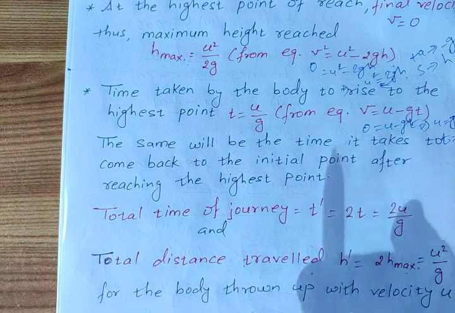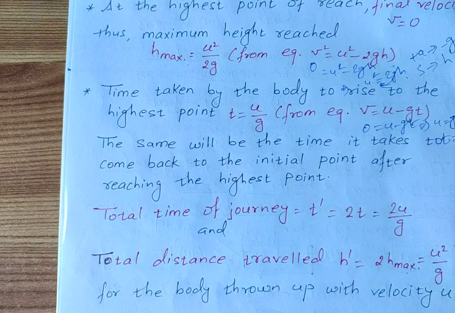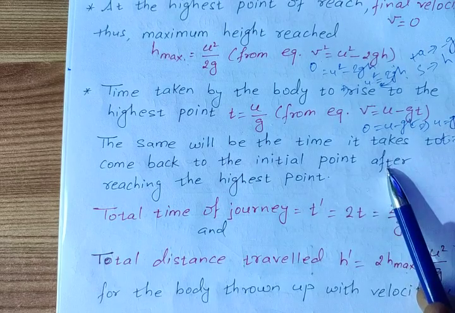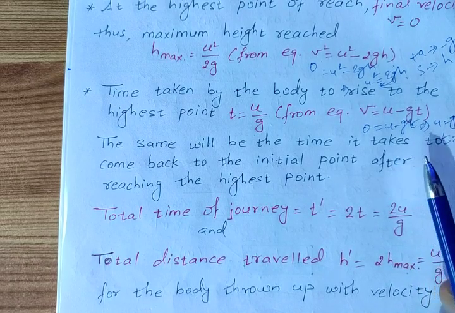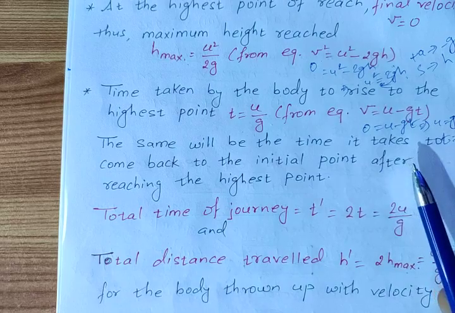Children, please understand. Suppose a ball you are throwing up. How much time the ball takes to reach the highest point, that much time only the ball will take to come back to the ground. So time of ascent and time of descent both are same.